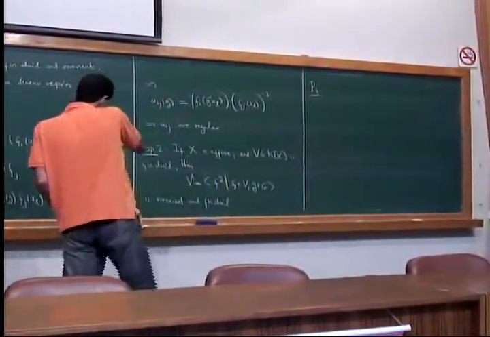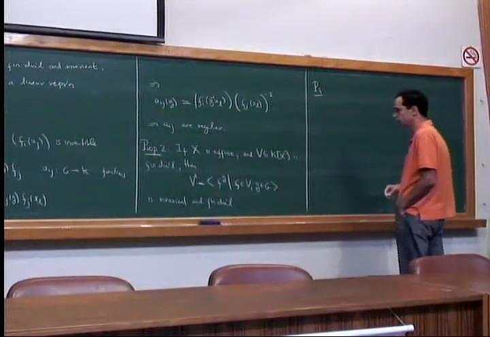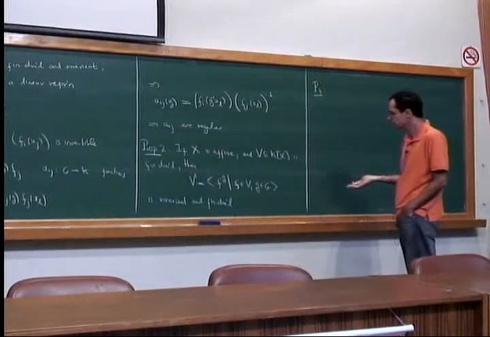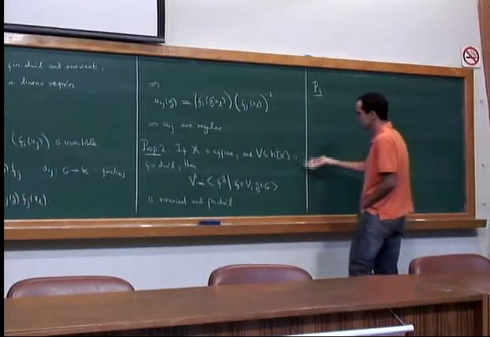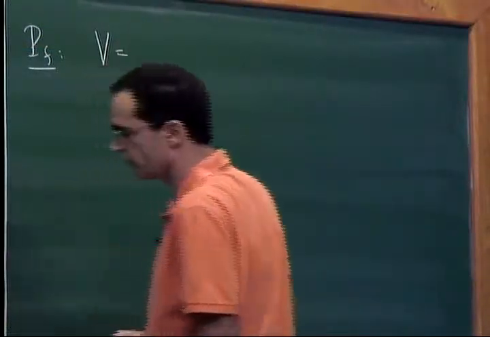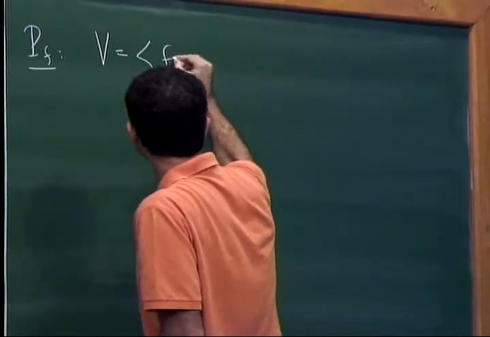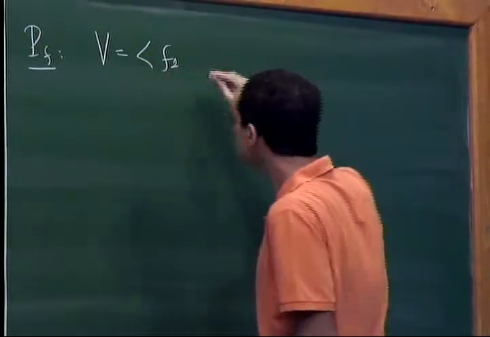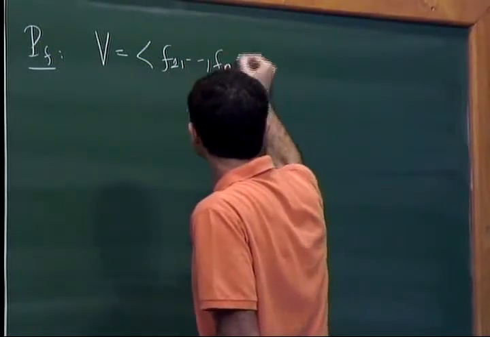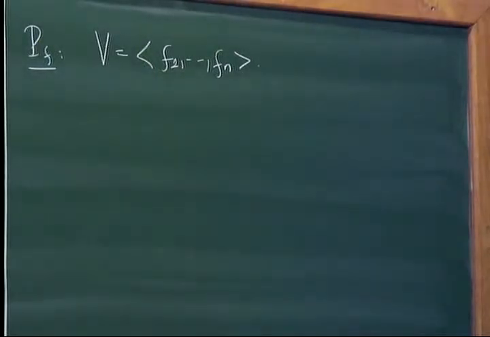So how do we show that? Well, it's clear that it's invariant. We have to show that it's finite dimensional. Bertrand did something very similar last week, so I would just put here the same argument again. So V is finite dimensional, so it's generated by a finite number of functions, right?